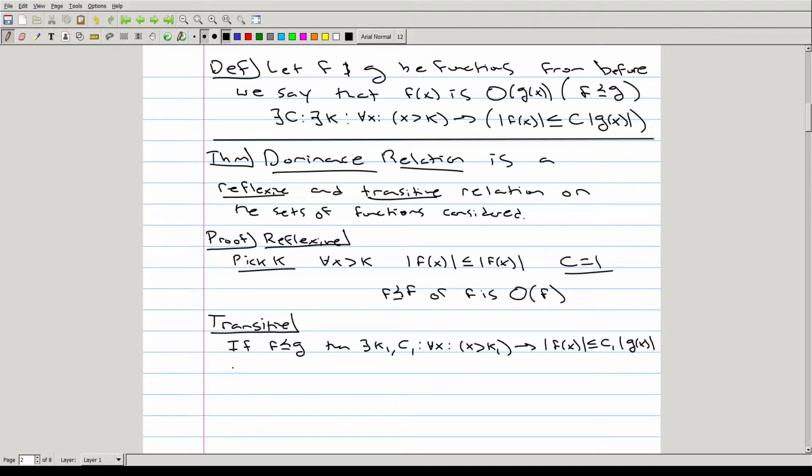And we also assume that g is dominated by some h, in which case there exist constants k2 and c2 such that for all x, if x is greater than k2, then the absolute value of g of x is less than or equal to c2 times the absolute value of h of x.